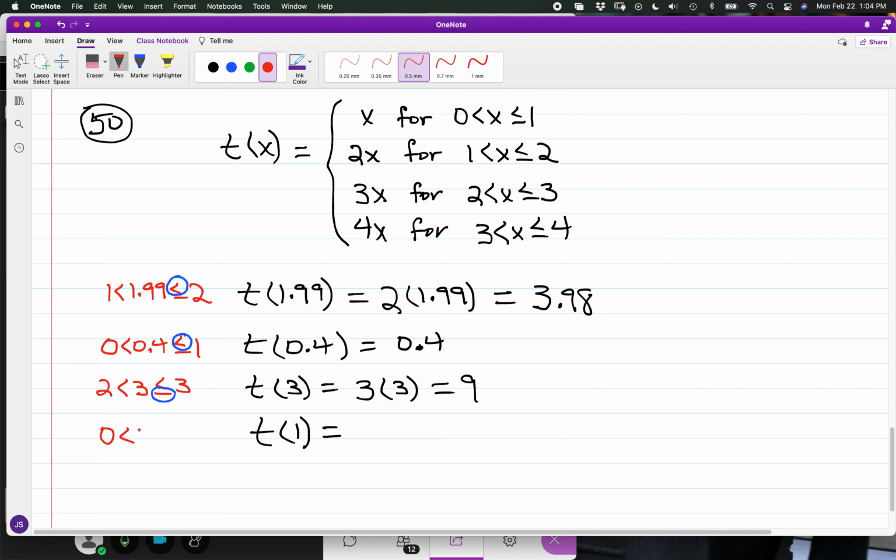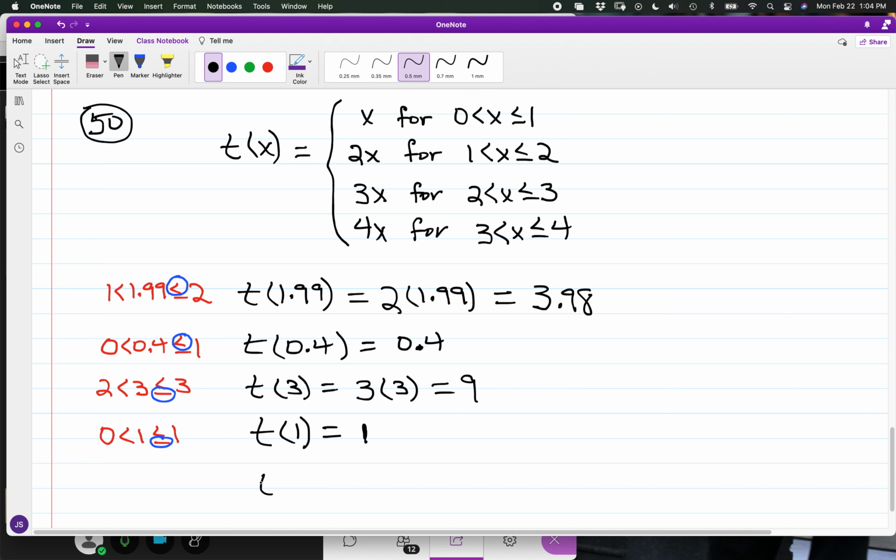So 0 is less than 1, that is true, and while 1 cannot be less than itself, it can be equal. For t of 1, t of x is equal to x, so with x at 1, t of 1 is equal to 1.